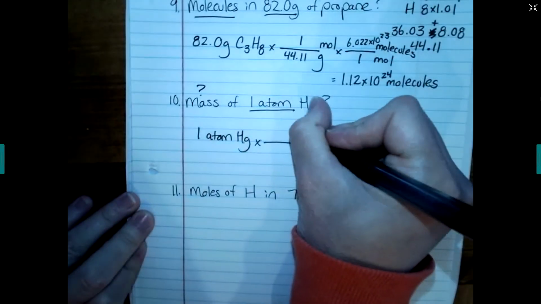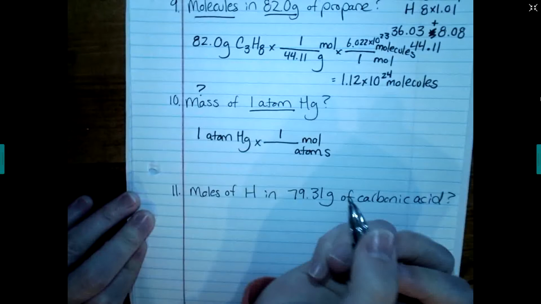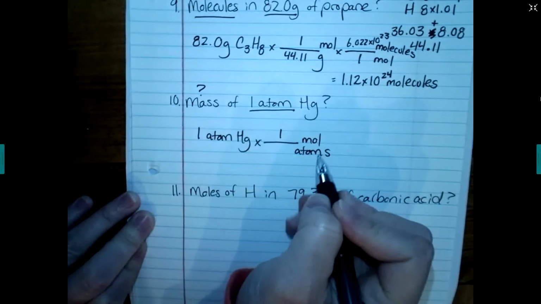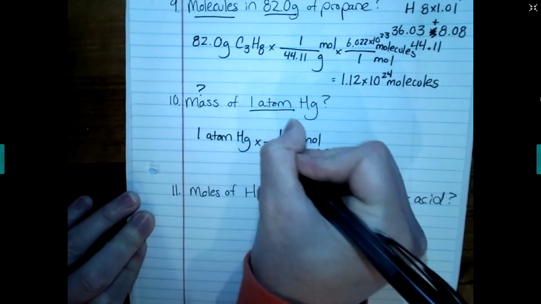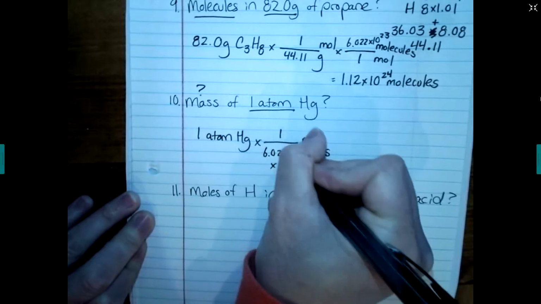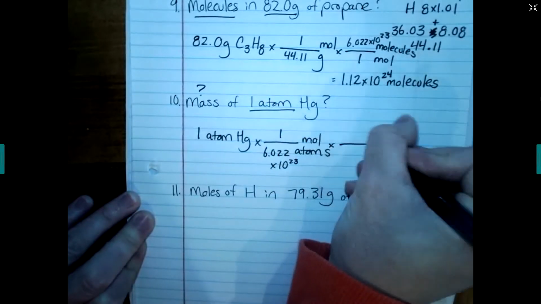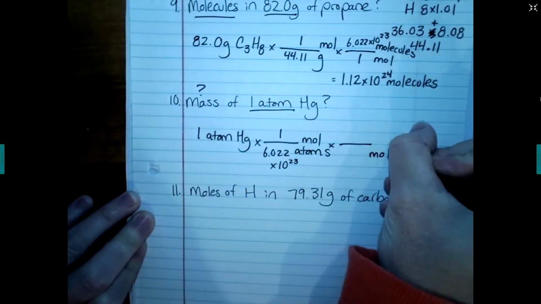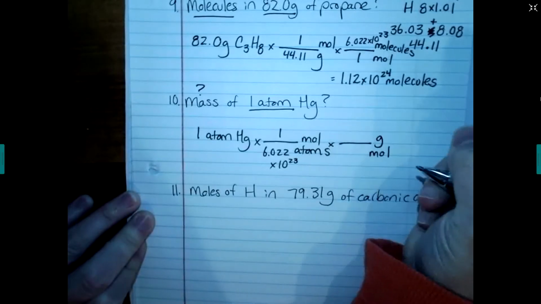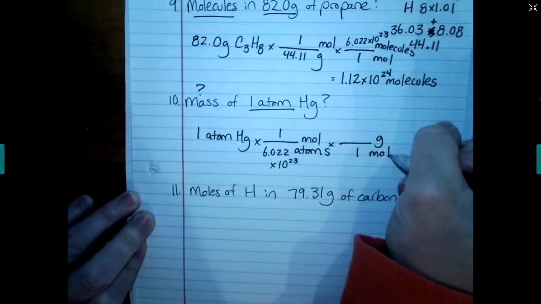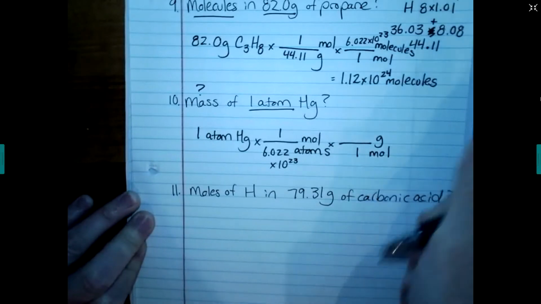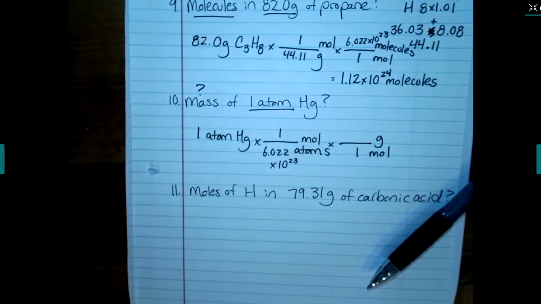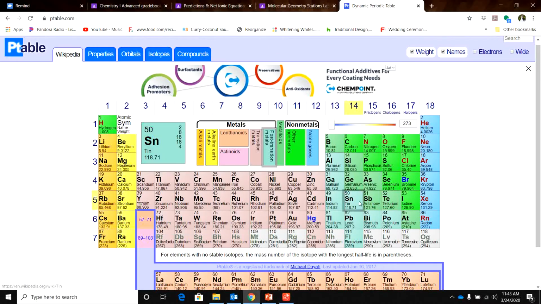So on the top, I'm going to put moles. How many atoms are in a mole? Avogadro's number. Now I move moles to the bottom, put grams on top. 1 goes next to mole, and here is where I'm going to put the molar mass of mercury. Looking on our periodic table, mercury's mass is 200.59.